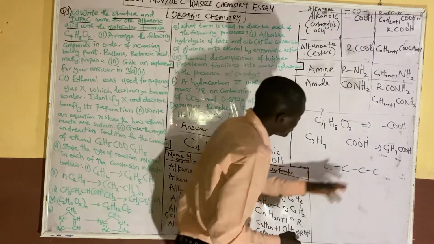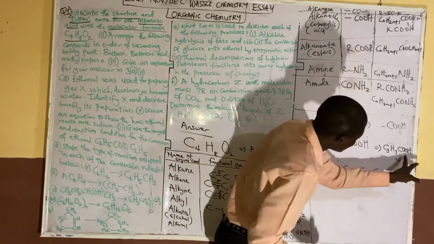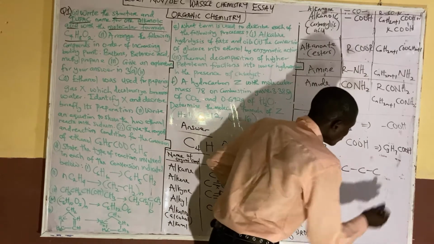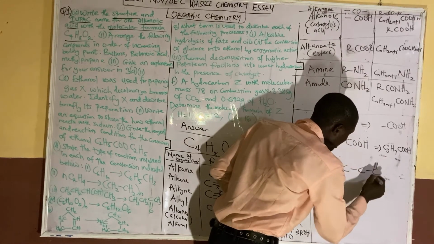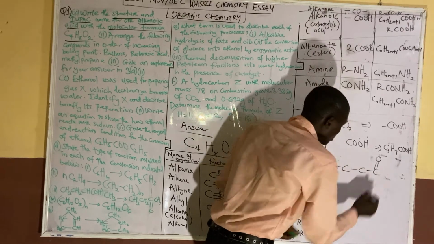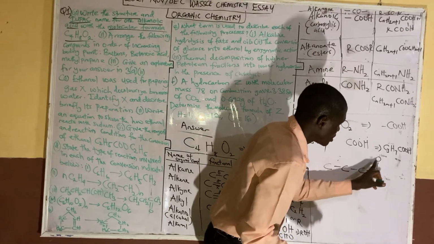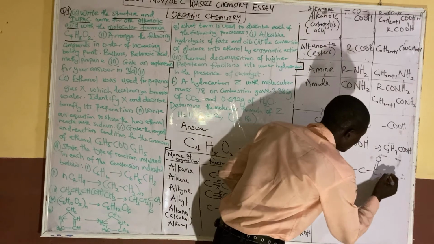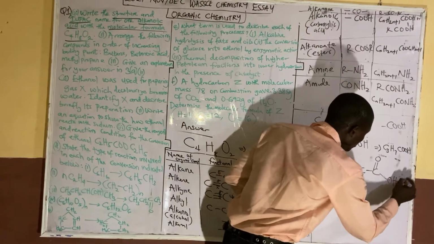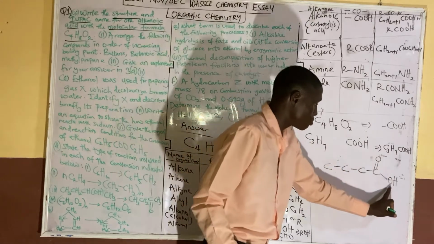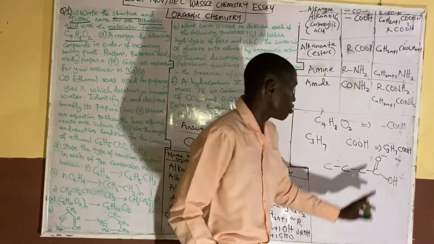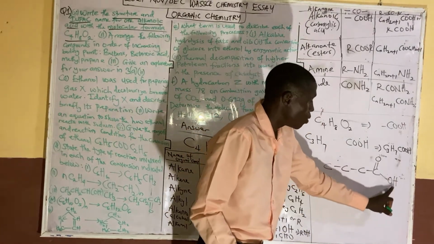It has 4 electrons in its outermost shell. So now this carbon which is bearing the functional group, we have OOH. So the functional group looks like this. How do you write it? C double bond O. This oxygen is taking the double bond, then this one is taking OH. If you want to split it very well, you can, but you can leave it like this: C double bond OH.